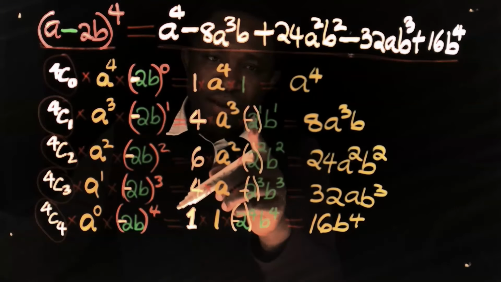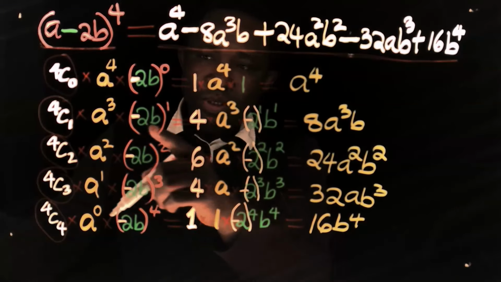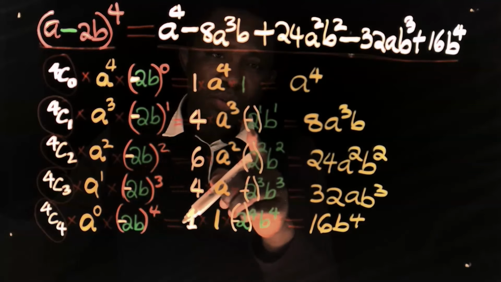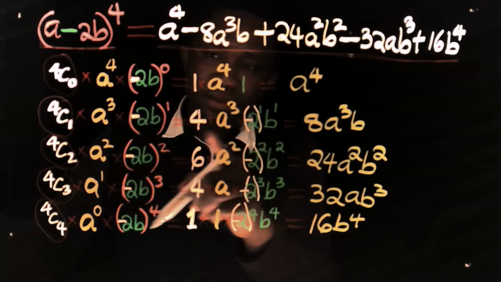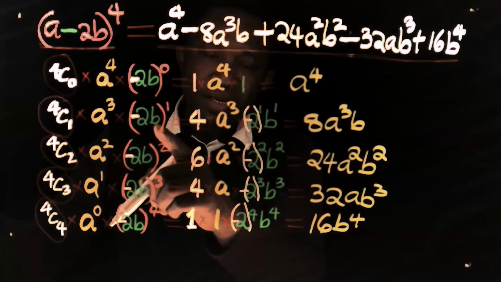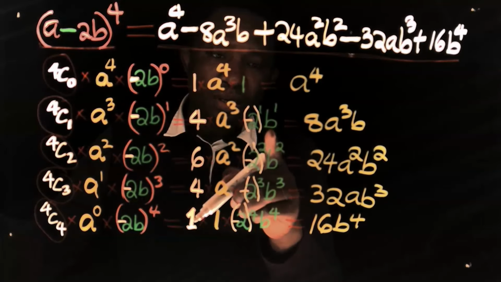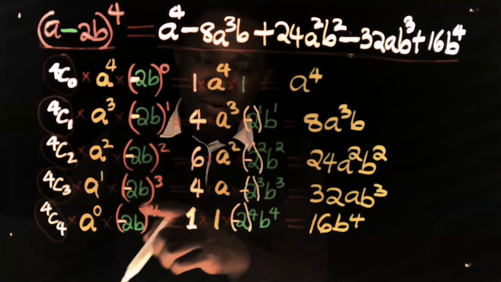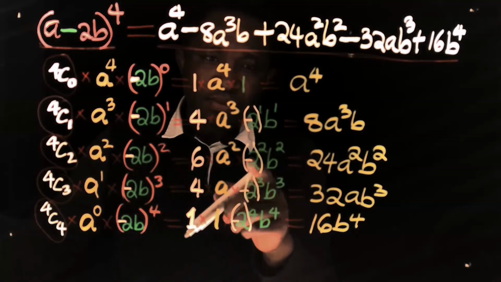For this second term, you see that I gave the minus 2 to a separate bracket, leaving b, the variable, alone. And I did the same thing for each of these terms.